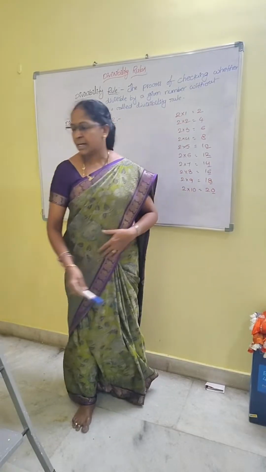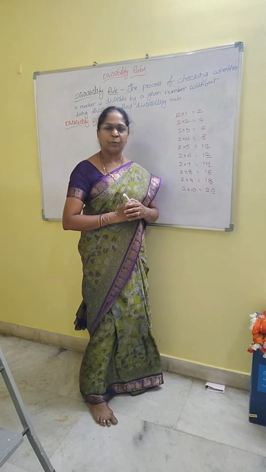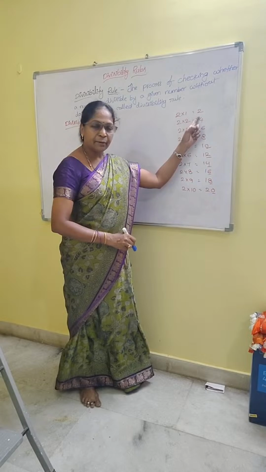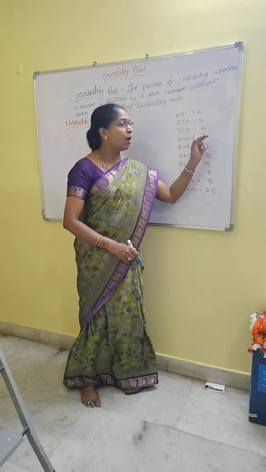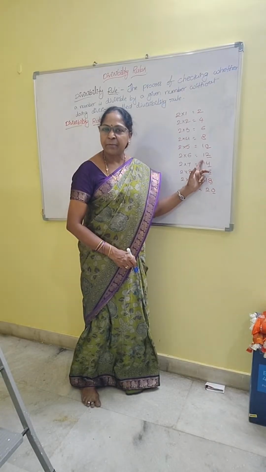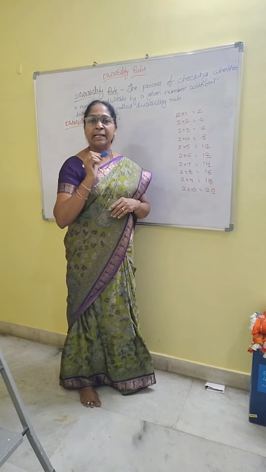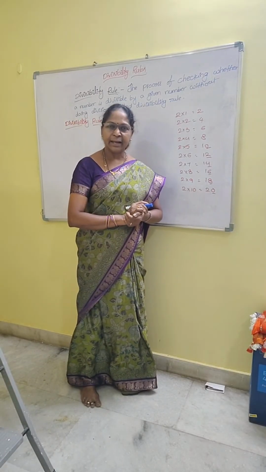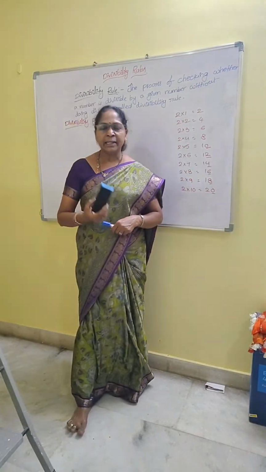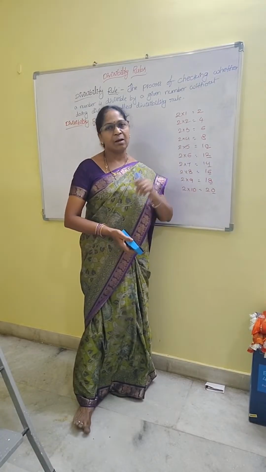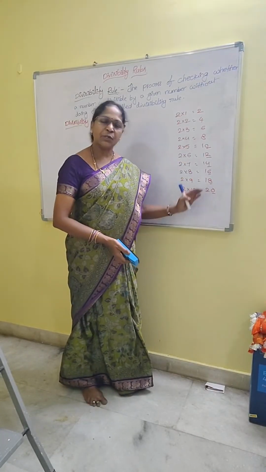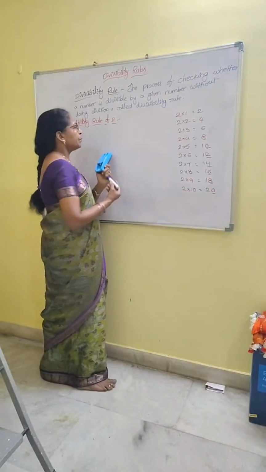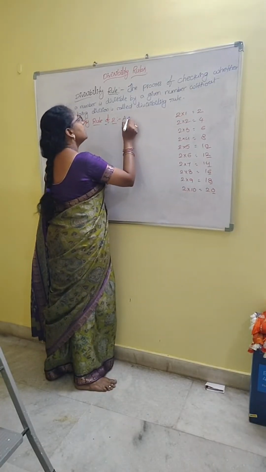If the unit digit place of the number is either 2, 4, 6, 8 or 0, then the number is divisible by 2. That is the divisibility rule. Is it clear? If you have any doubt, you can ask me in the comment section, because this is a live class and I will clarify your doubts. Now see: a number is divisible by 2.